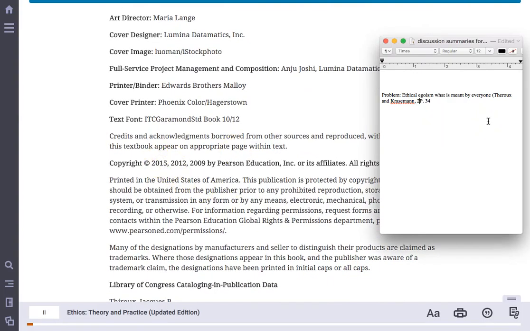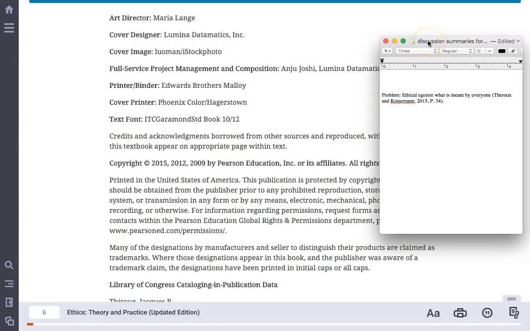This is 2015, and the page number. And then we follow all this with the final punctuation after the citation. So when you take notes, make sure you include all of this on the side. The more you include all this information, the less you have to go back into your textbook to find it.